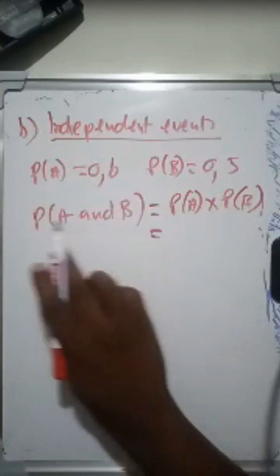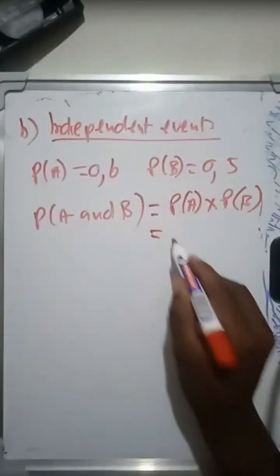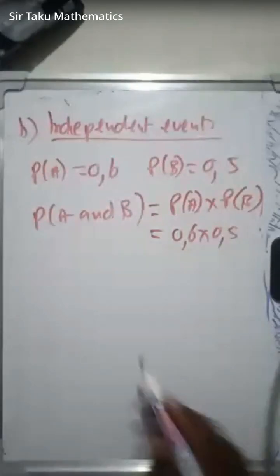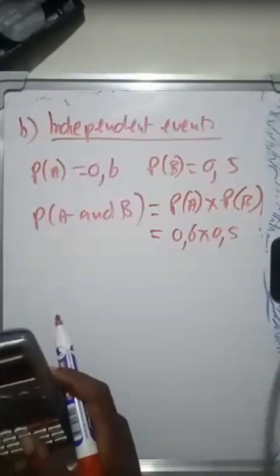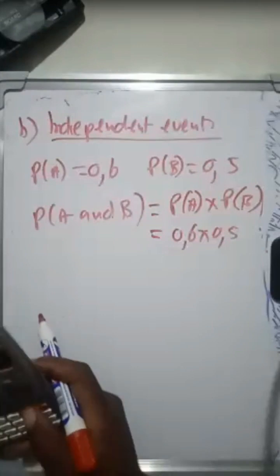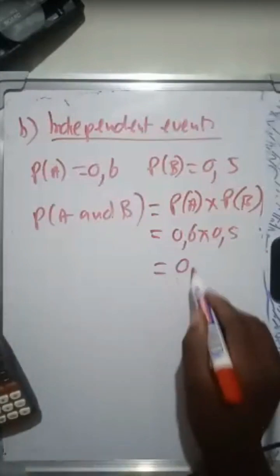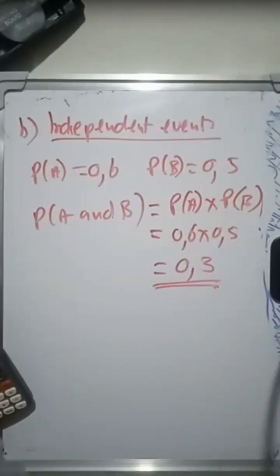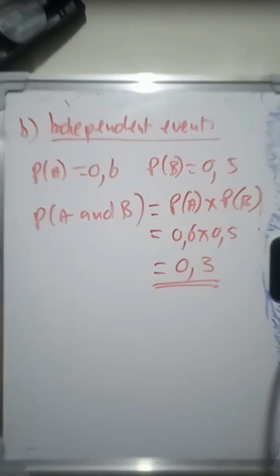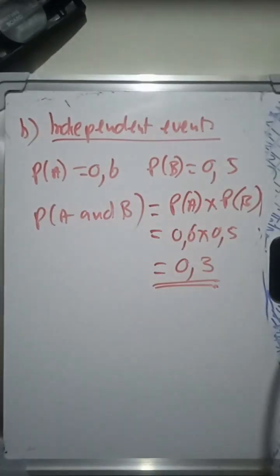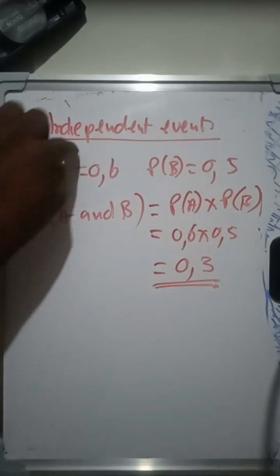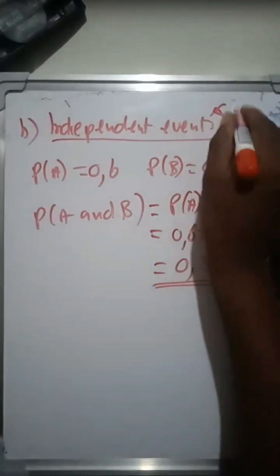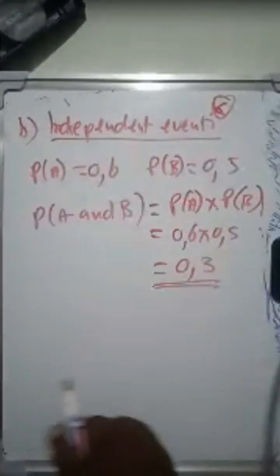Hence, probability of A and B is equal to 0.6 times 0.5, which gives us 0.3. So it means the probability of A and B is equal to 0.3 because these are independent events. So as you are answering, check what they are asking about. Okay? Or the keywords that are there.